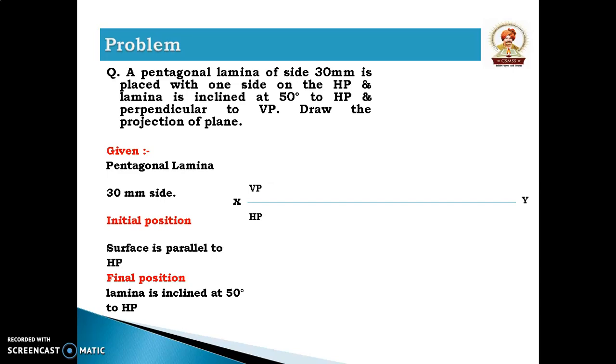Then draw a pentagonal plane having side of 30 mm and name it A, B, C, D and E. It is the top view of initial stage, that is step 1.